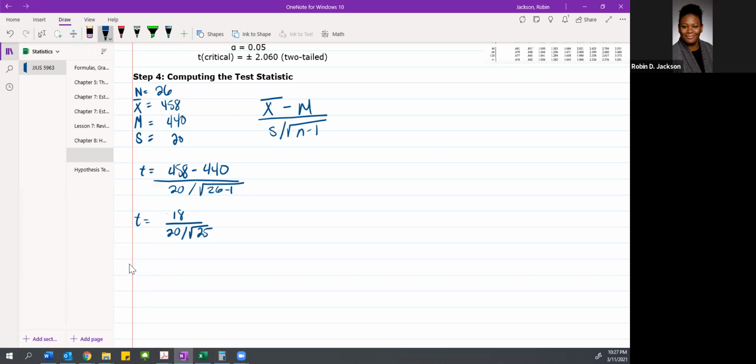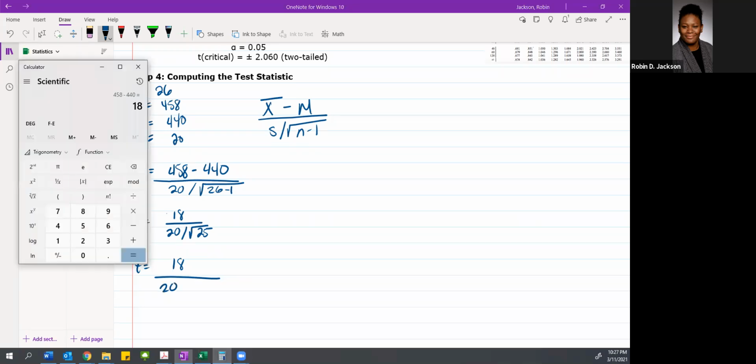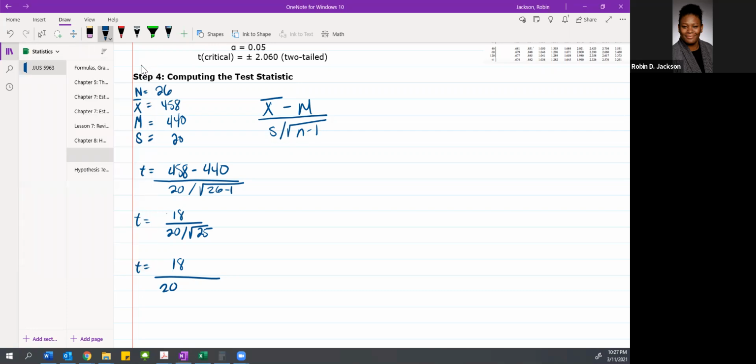Now let's come down here again, 18 divided by 20. Now let's go ahead and get that square root. Yes, it is just that simple. This one is that simple. So 26 minus the 1 is 25. The square root of 25 is 5. Okay, so that should be pretty straightforward.